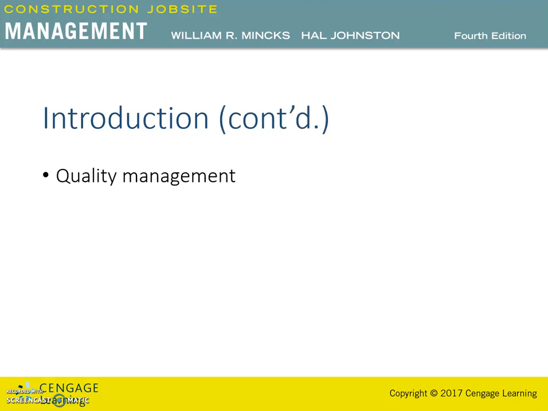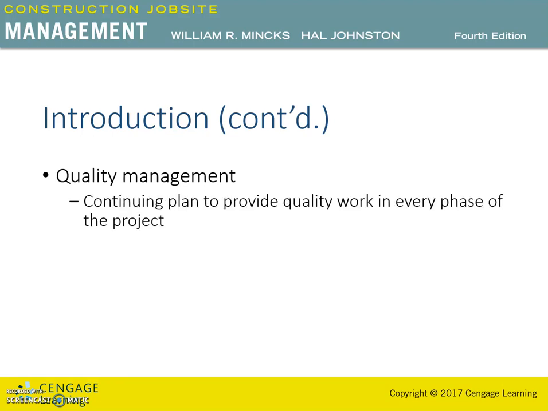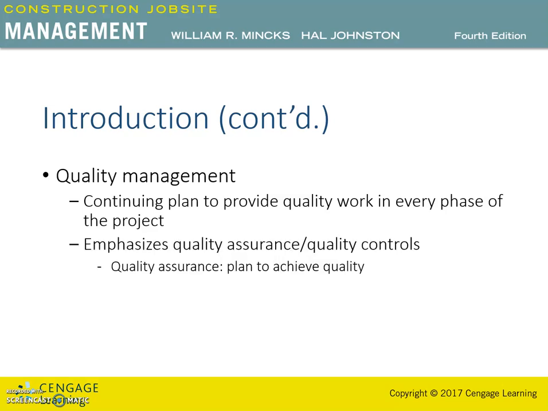Quality management can be defined as a continuing plan to provide quality work in every phase of the project. Many contractual relationships emphasize quality assurance or quality control. Quality assurance normally refers to a plan to achieve quality, and quality control refers to inspection, testing, and necessary remediation.